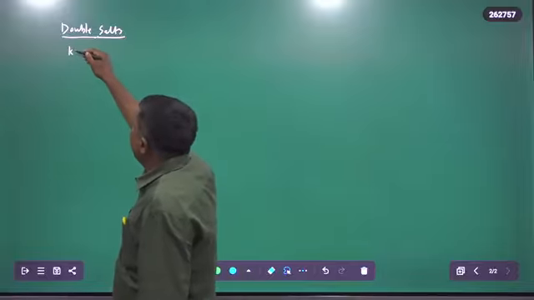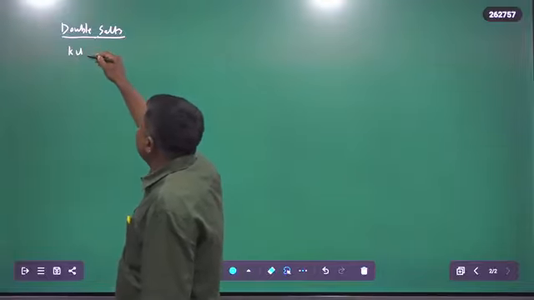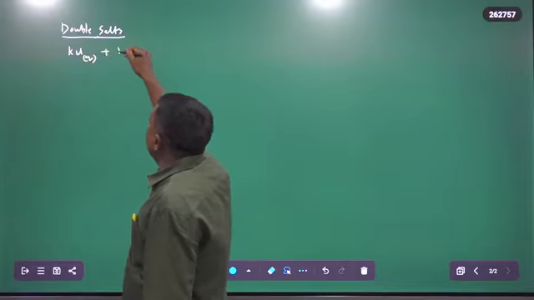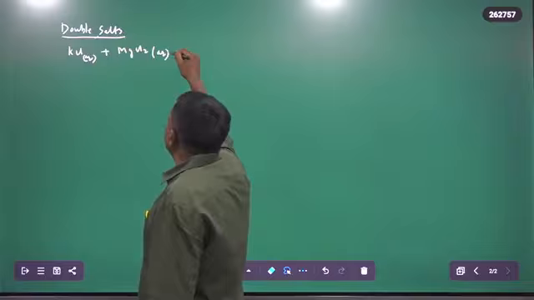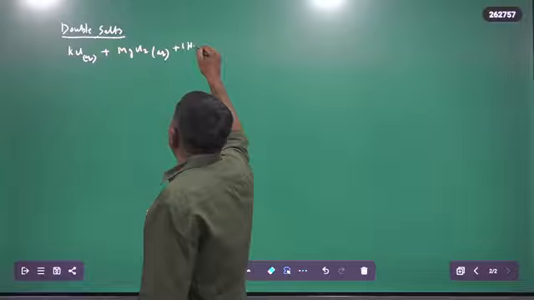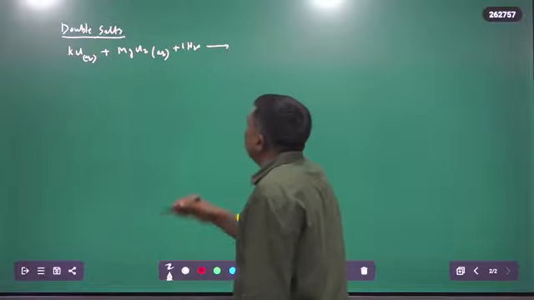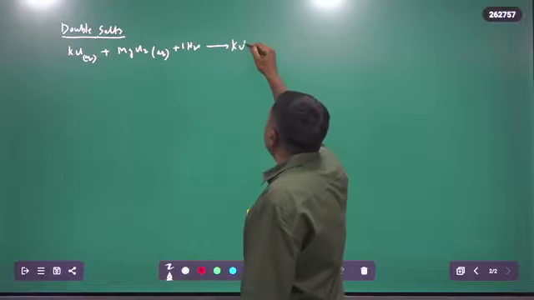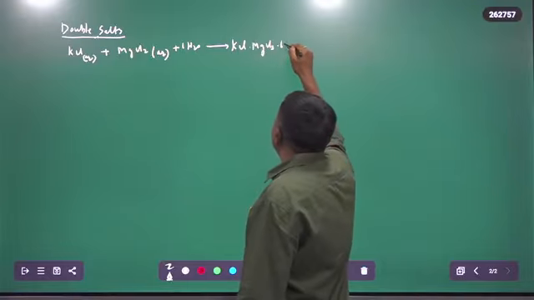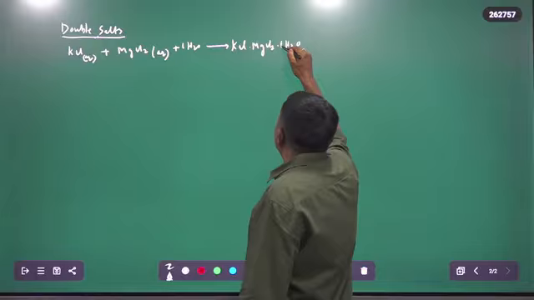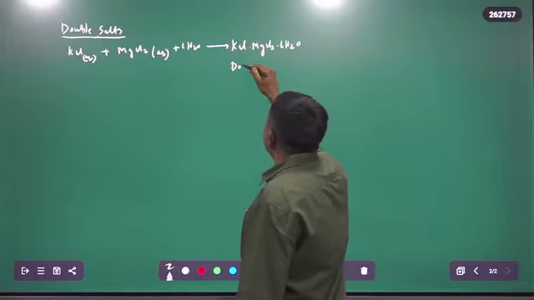Suppose we take an aqueous solution of potassium chloride and an aqueous solution of magnesium chloride, and 6 moles of liquid water. You will get KCl·MgCl2·6H2O. This is the double salt.